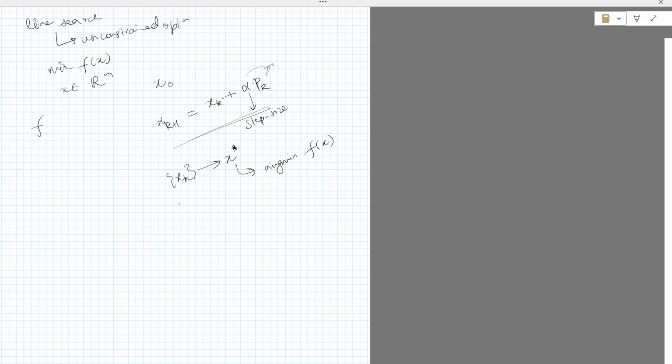So line search is a way to choose this alpha if you know a good direction to take a step in. One good direction is pk equal to minus gradient of f(xk), which is the steepest descent direction.